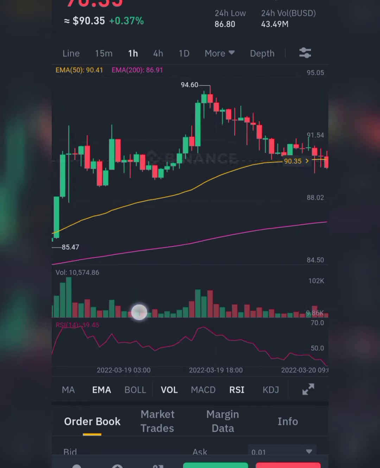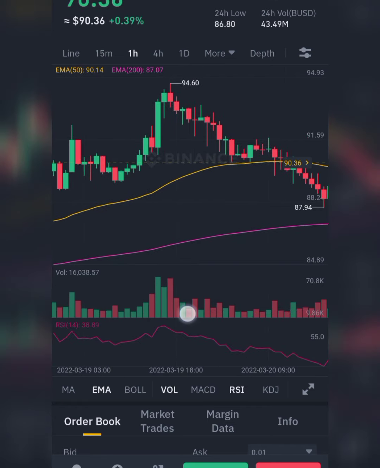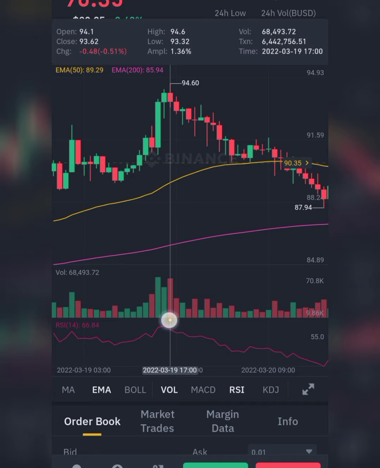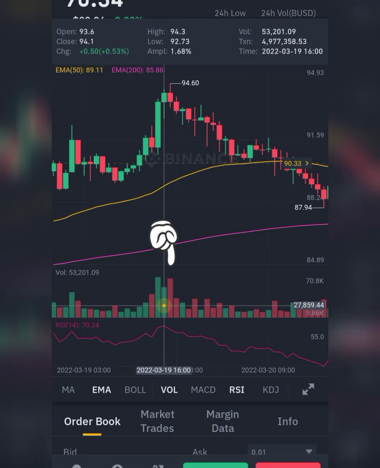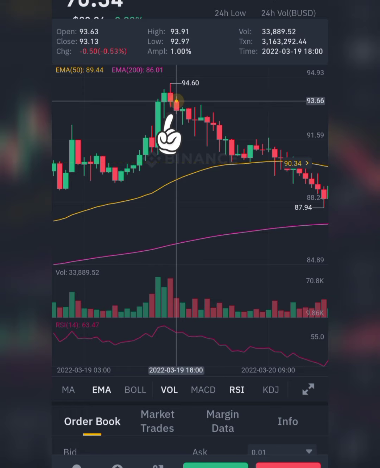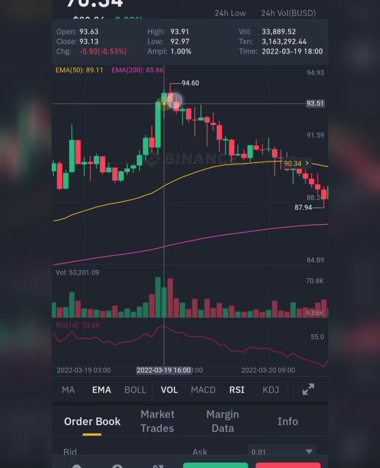So now let's go back. You can see here, this point here was where the institutional traders dumped on the dumb money. In other words, this was the exact point. You can see these candles, and we actually have a bullish pattern starting from here.